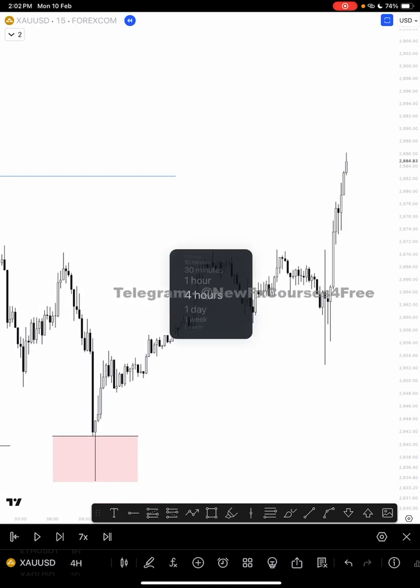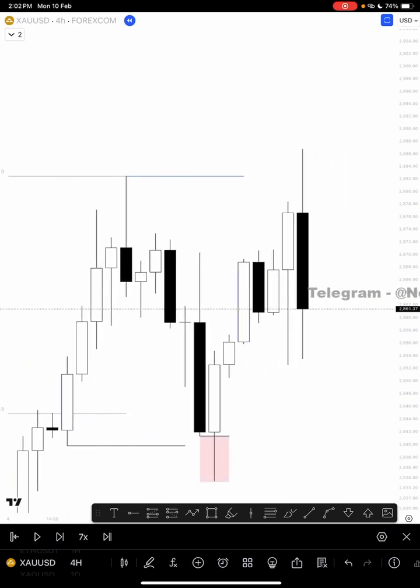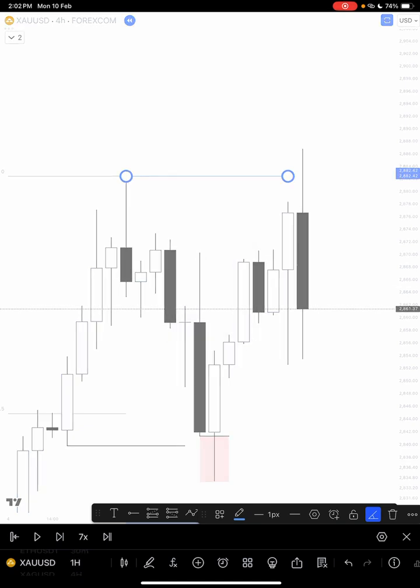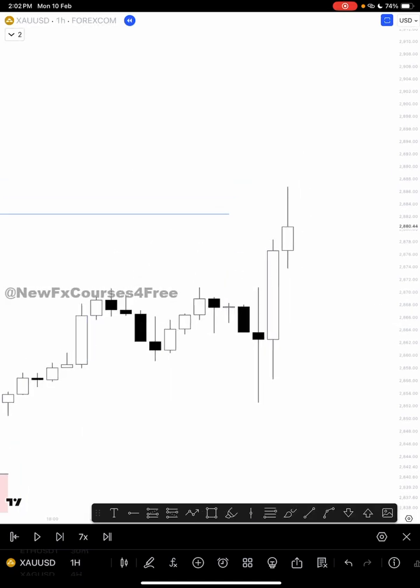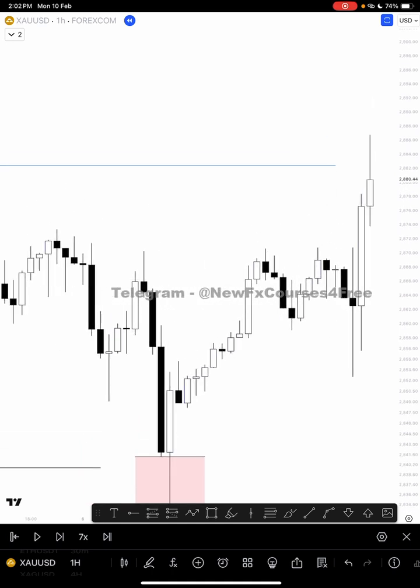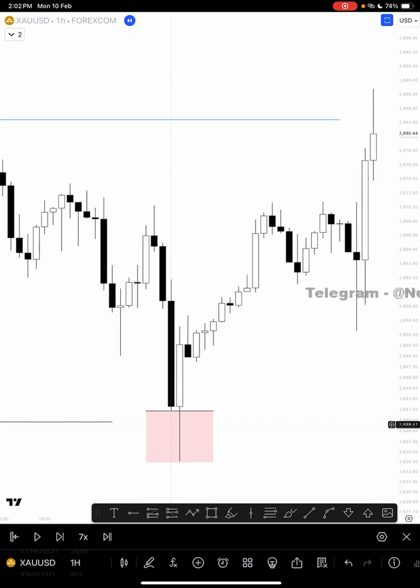So here on the 4-hour time frame, or let me just say the 1-hour time frame. Here on the 1-hour time frame, this is actually a candle range, and this is actually a manipulation profile.